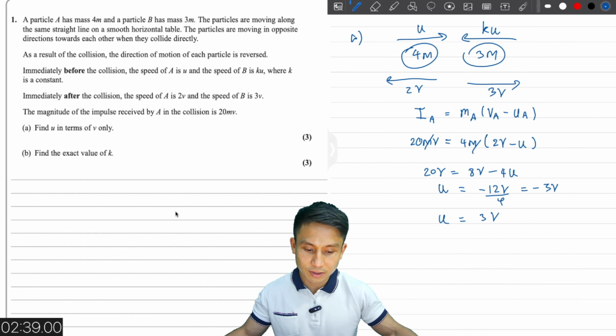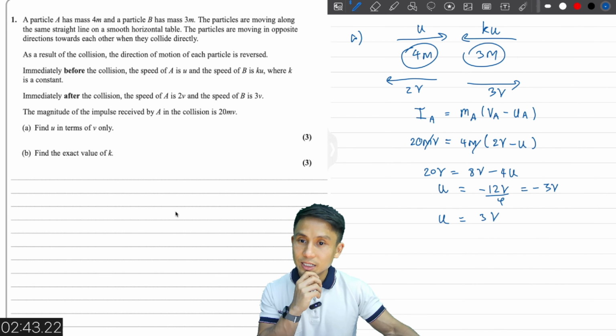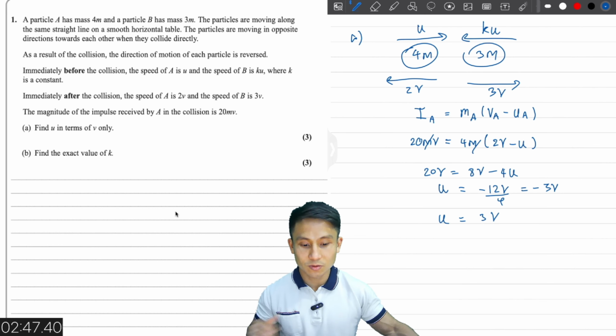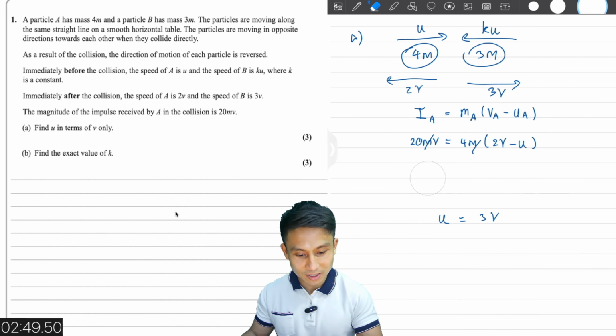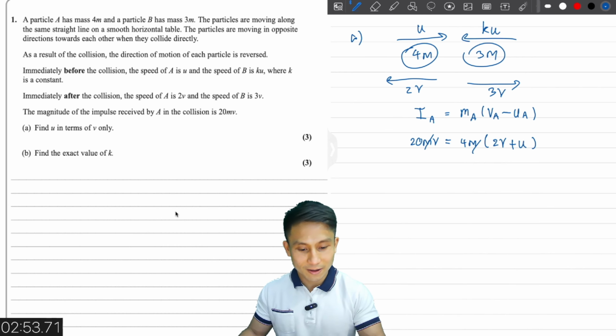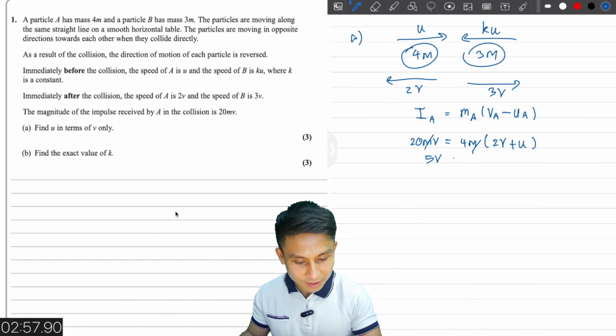Minus 3v. Wait, 2v is for the speed of A. Oh, sorry, I said plus, right? Why did I do minus there? Should be plus here. Okay, so cancelling both sides, I get 5v equals 2v plus u, like that, sorry.